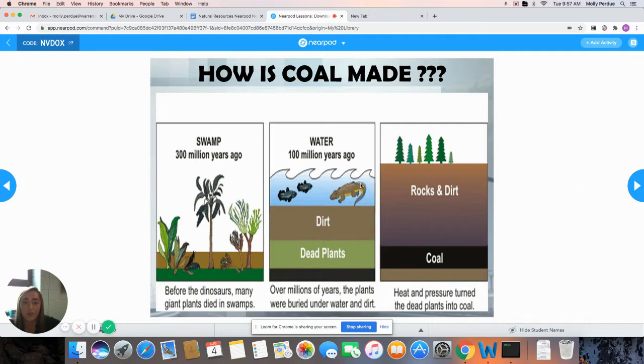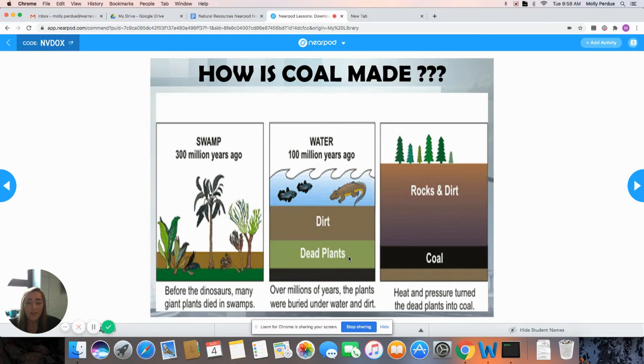If you go through the different layers, we have water on top, then we have some dirt, and then all those dead plants that died 300 million years ago in those swamps. When we look at what we have today, we have our rocks and dirt and then coal underneath.